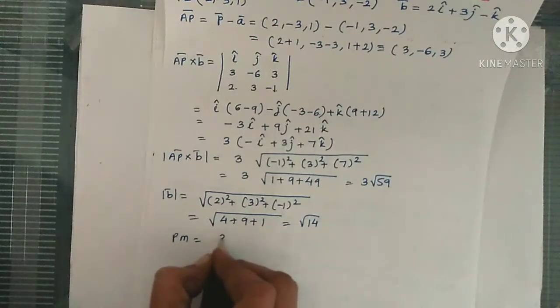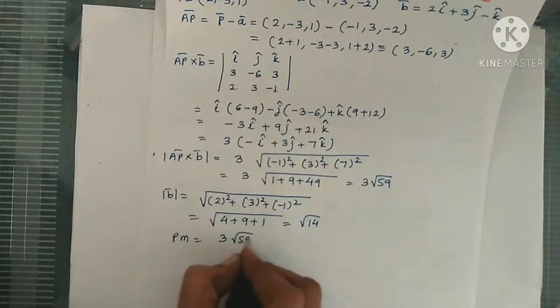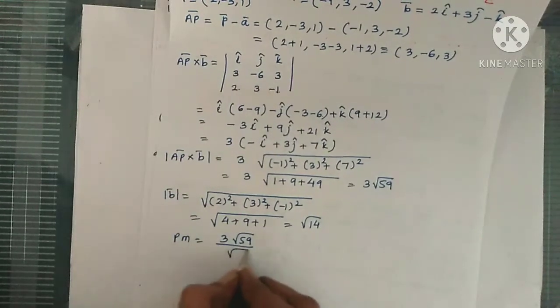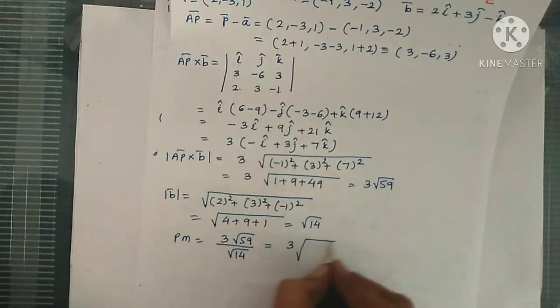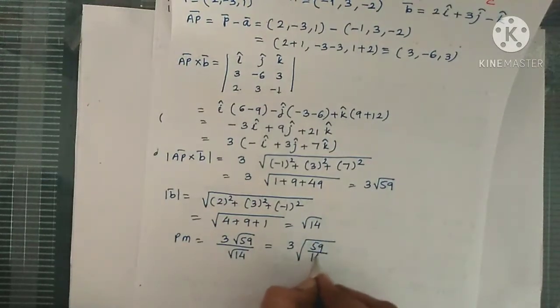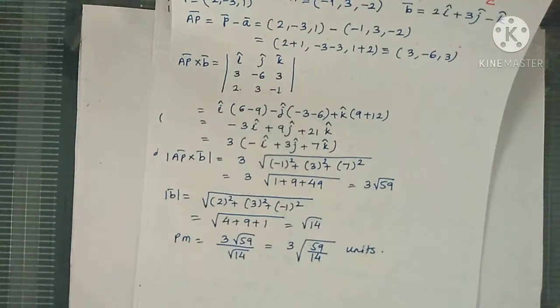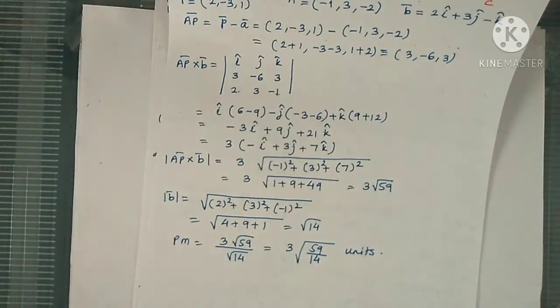So distance PM is the modulus of AP bar cross b bar divided by root 14. We can write this in only one square root sign: root 59 by root 14 multiplied by 3. That is the distance of P from the line.